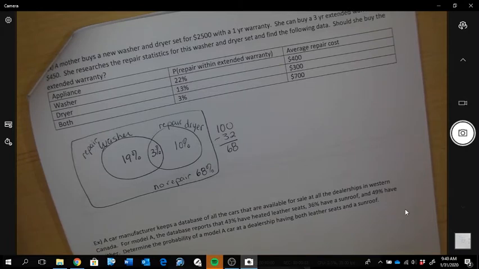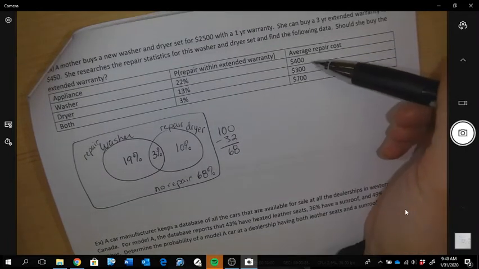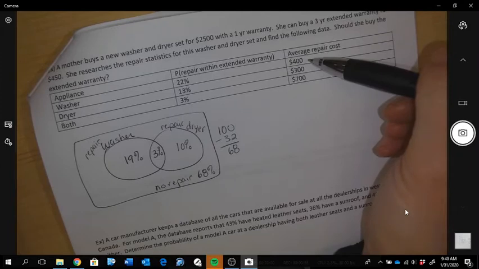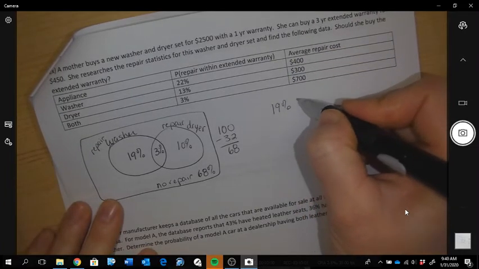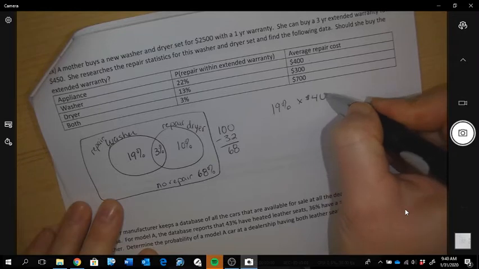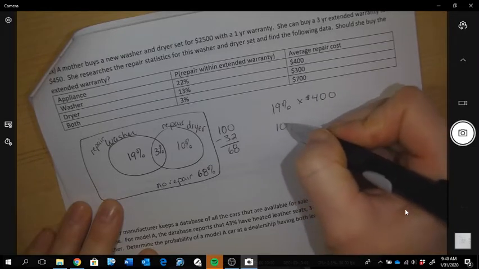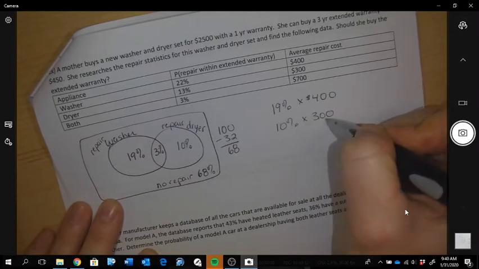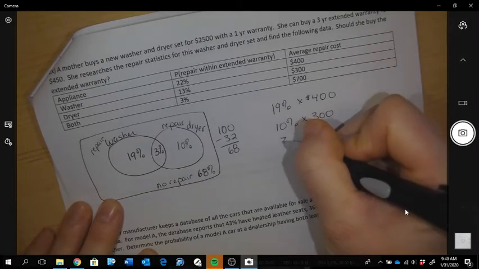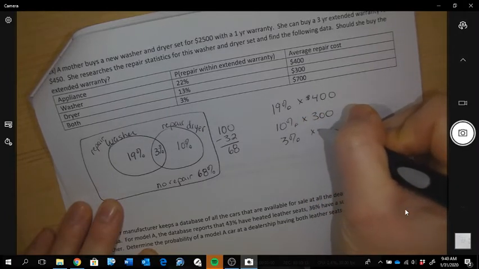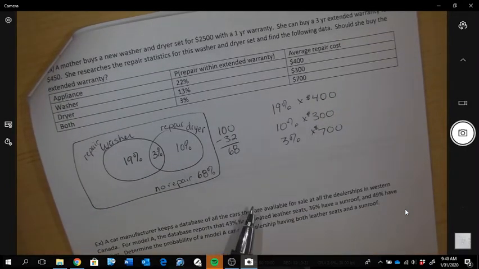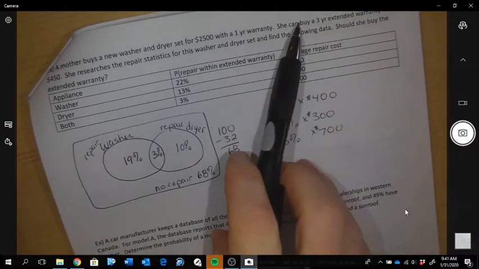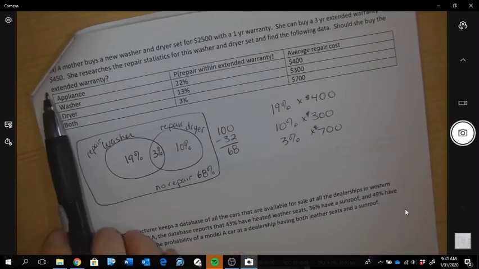The average cost to repair a washer was $400. So there's a 19% chance that you would pay $400, a 10% chance you would pay $300, and a 3% chance you would pay $700. She can buy the 3-year warranty for $450.